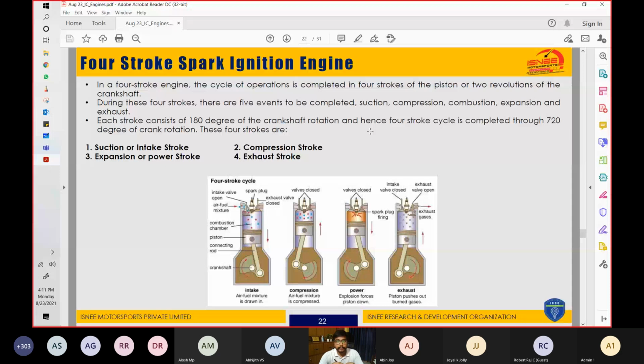These 5 processes are required to be completed in any engine, be it your spark ignition engine, be it your compression ignition, 4-stroke or 2-stroke, whatever. So the difference between 4-stroke and 2-stroke is this only, that these 5 processes in a 4-stroke engine are completed in 4 strokes, and in a 2-stroke engine these are completed only in 2 strokes. Okay, so this is why they are known as 4-stroke engines.